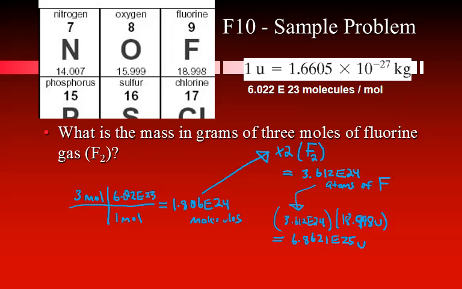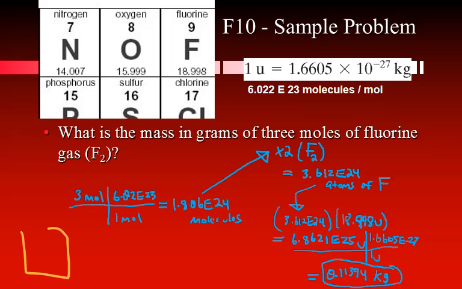And then if we know that, and we know that fluorine is this value in U, we multiply that by U, and we get that mass, and then we can convert that to kilograms. Now, what's easier than that is just noting that in 1 mole we have this many grams.